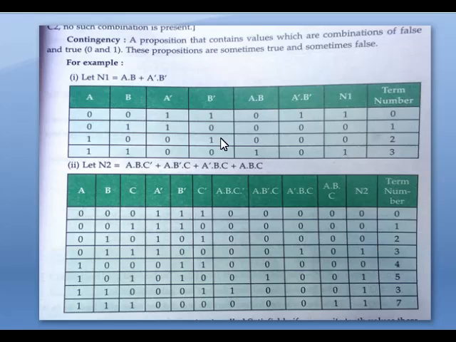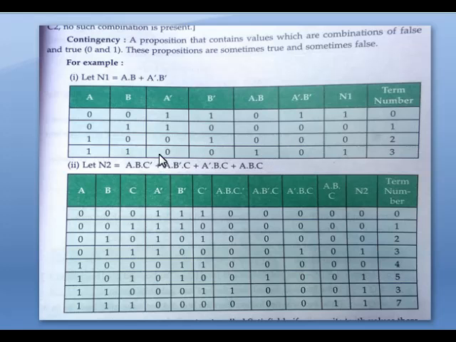Now go to the expression a dot b. A dot b means we are multiplying these two columns. 0 into 0 is 0, 0 into 1 is 0, 1 into 0 is 0, 1 into 1 is 1. Now we multiply a dash b dash, because the expression has another term, a dash b dash. 1 into 1 is 1, 1 into 0 is 0, 0 into 1 is 0, 0 into 0 is 0.